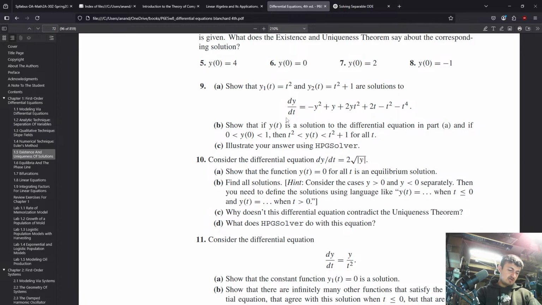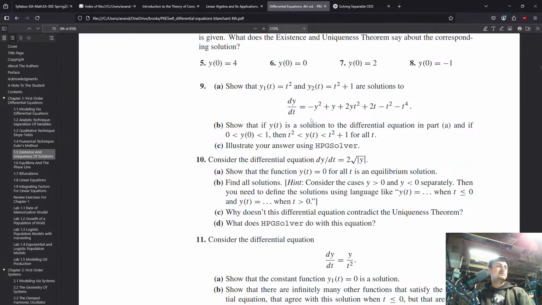Then we have y, which becomes t squared plus 1. Then we have 2yt squared is equal to 2 times t squared plus 1 times t squared is equal to 2t to the fourth plus 2t squared.